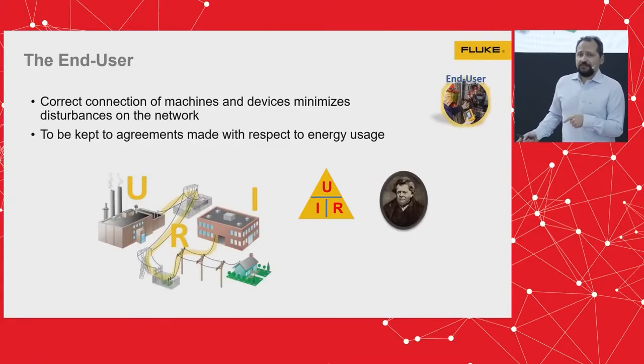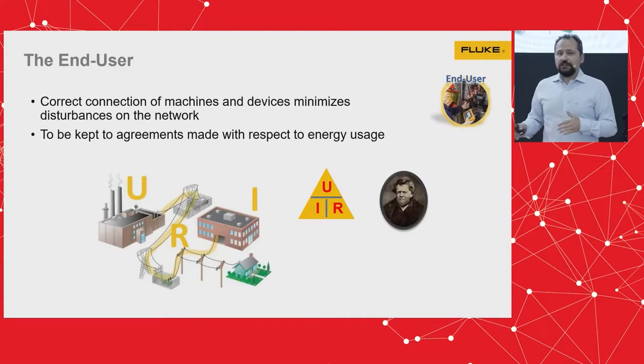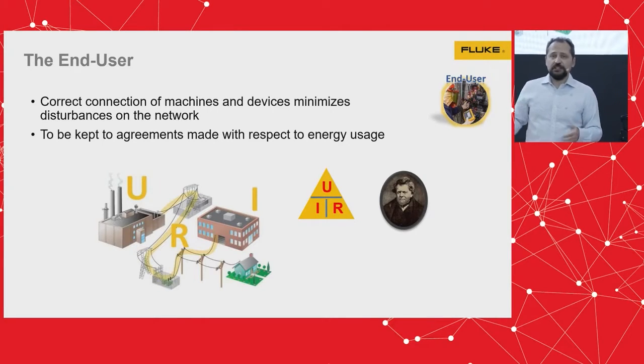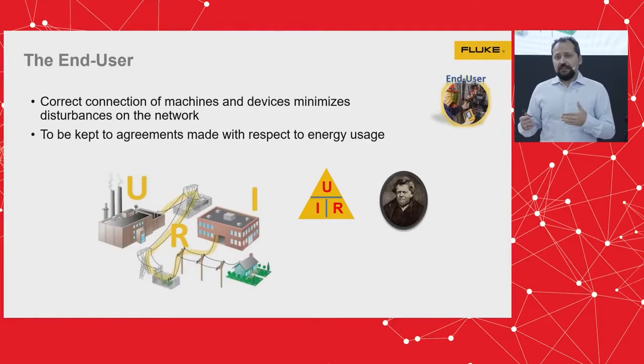If we look at Ohm's law depicted here, where the voltage component can be taken as the voltage that is being provided by the utility, and the resistance is the combined impedance of the network and the end user, then we can see that whether or not the effect that the end user has on the current translates into potential voltage issues depends on the impedance factor.